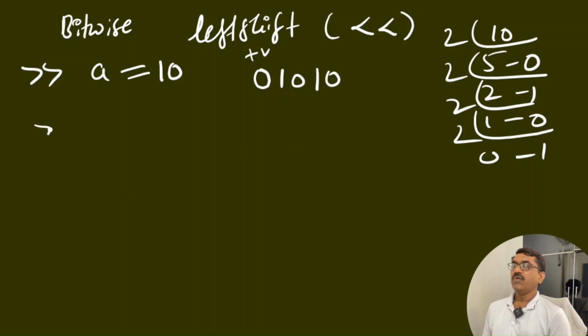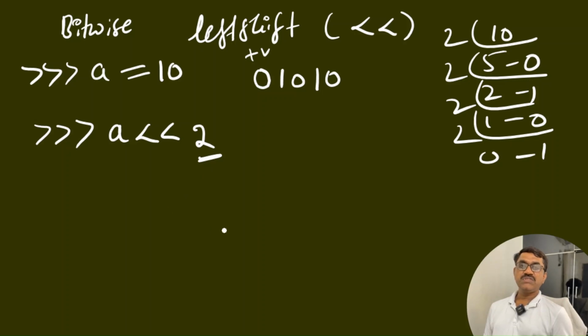Now, when you apply the left shift operator like this, for example, A left shift, assume that I'm using the number 2. How many bits am I going to shift to the left? These 2 bits I'm going to shift to the left. When we shift 2 positions to the left, on the right side we are going to get 2 empty bit positions.